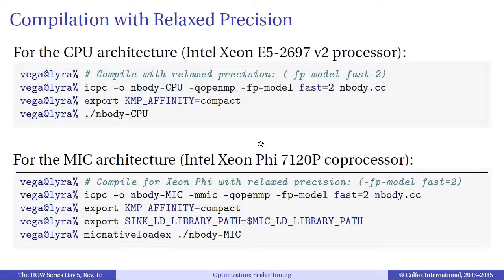So before we look at performance, I also wanted to show you something that we can do with compiler arguments to control precision. This is my compilation for the CPU architecture. And one of the arguments that I'm using here is fp-model fast=2.